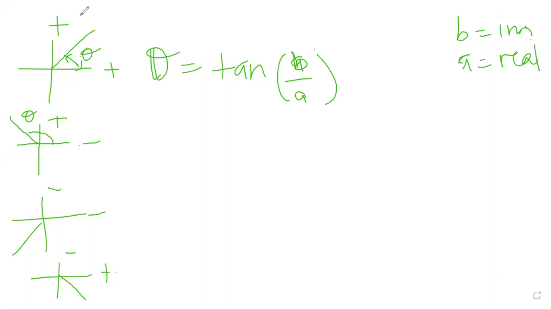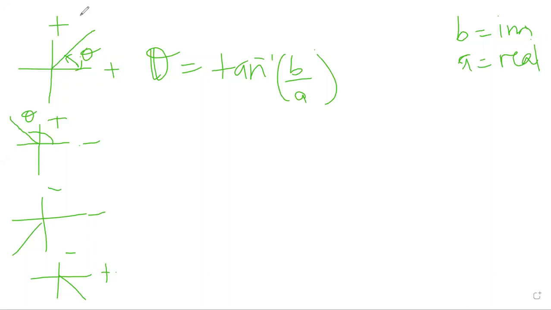All right. So what I was saying was, for the normal positive, all we have here is tan inverse of b over a. Now for this one, I told you we take the angle from the positive x-axis.